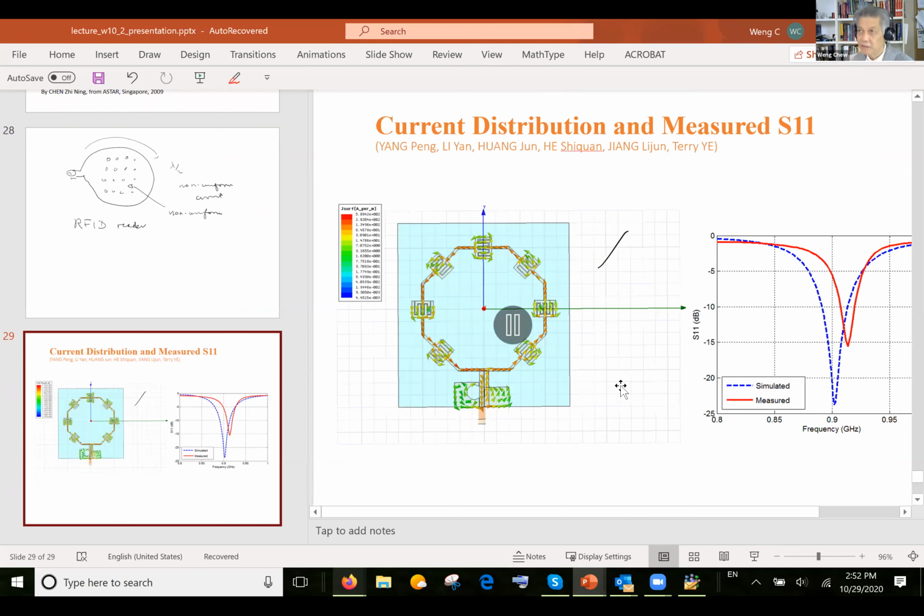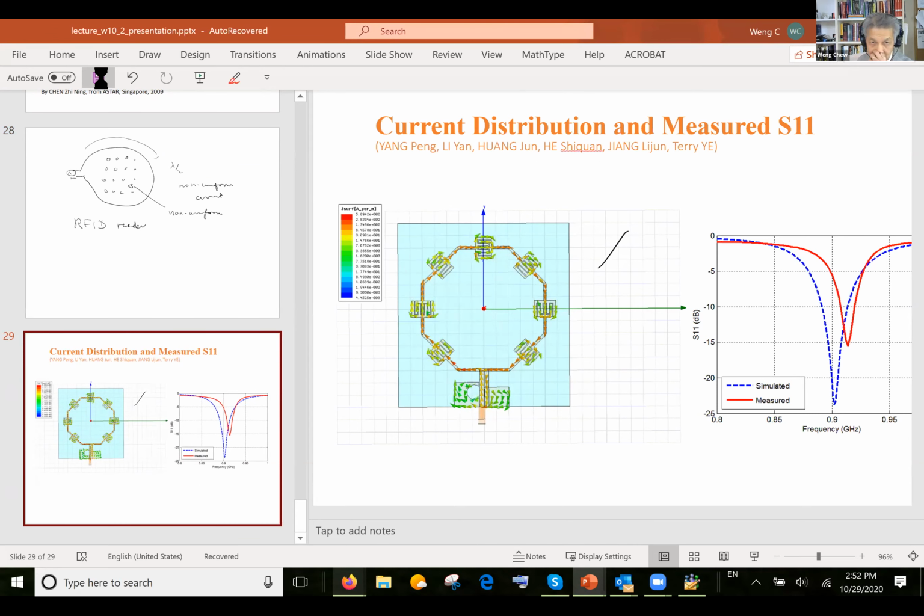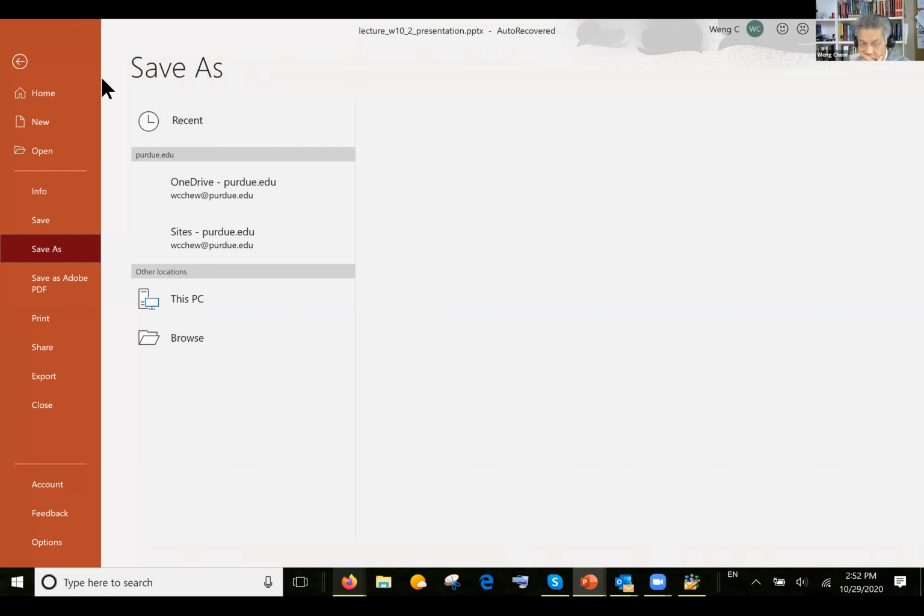This is the animation of that RFID reader, and you can actually get it to produce a uniform current around the loop without having to resonate. Okay, I guess I'll stop here since I ran over time.